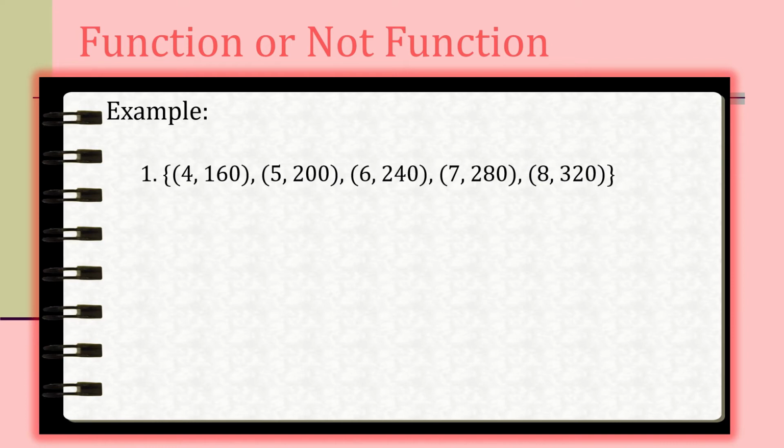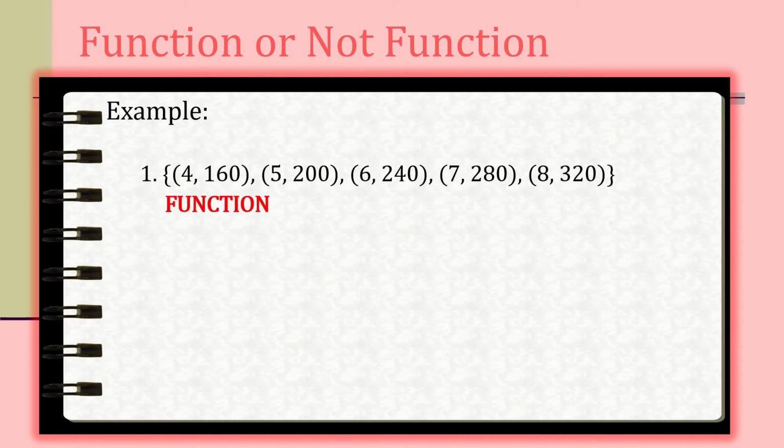Each element in the domain 4, 5, 6, 7, and 8 is assigned to no more than one value in the range. 4 is assigned to 160, 5 is assigned to 200, 6 is assigned to 240, 7 is assigned to 280, and 8 is assigned to 320. Therefore, this relation is a function.